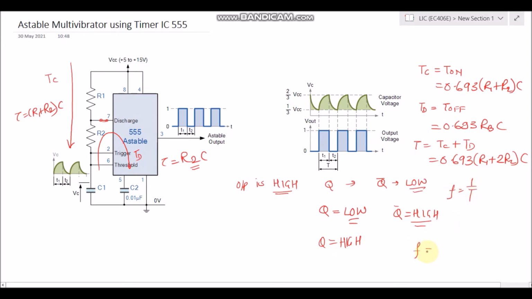So frequency comes out to be 1.44 divided by (R1 plus twice R2) into C. So we can observe that the frequency is inversely proportional to the values of the resistors as well as the value of the capacitor. So we can increase or decrease the frequency by changing the different resistors or capacitors.